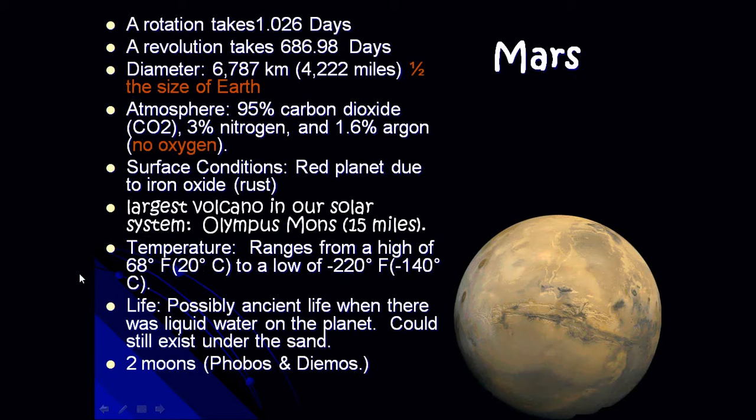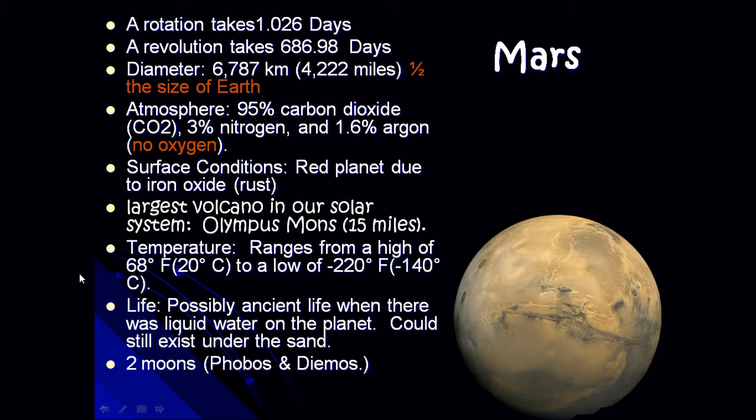Moving on, Mars. Now, Mars takes about 1 day to rotate. Its revolution takes 686 days. The diameter is 6,787 kilometers or 4,222 miles, which is half the size of Earth.